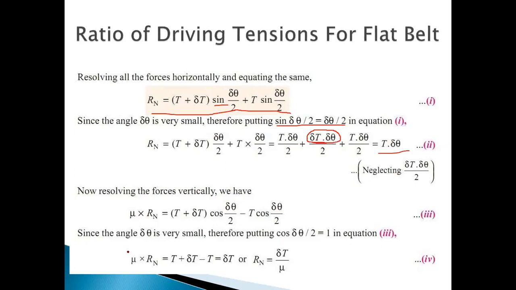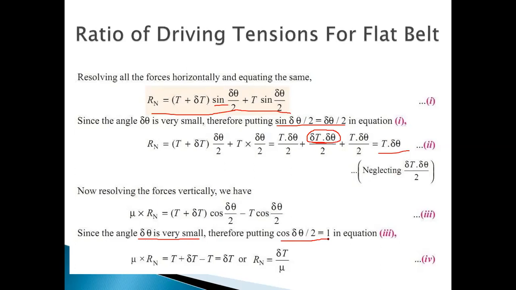As we discussed, the angle delta theta is very small, so cos delta theta by 2 is taken as 1, whereas sin delta theta by 2 is taken as delta theta by 2.